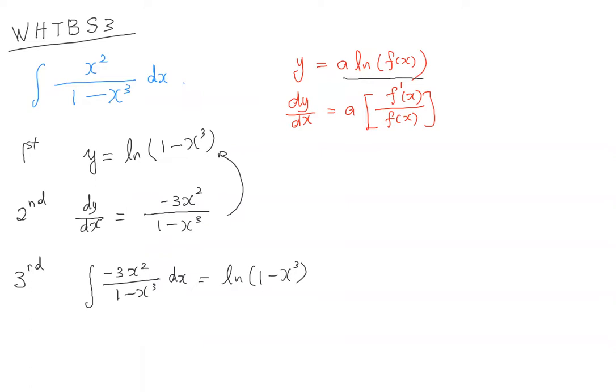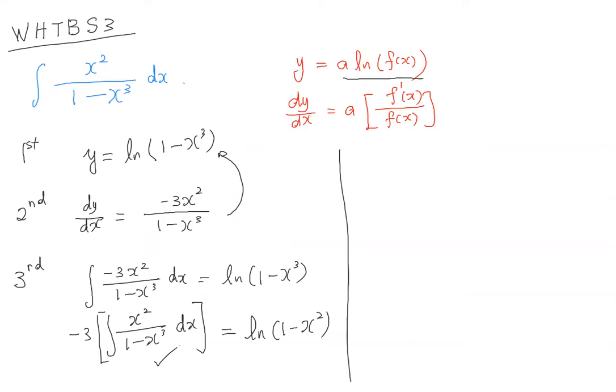So then what do you mean by negative 3x squared over 1 minus x cubed? It means negative 3 times of this, is equal to ln of 1 minus x cubed. Am I right?